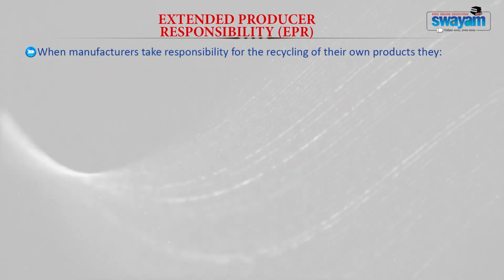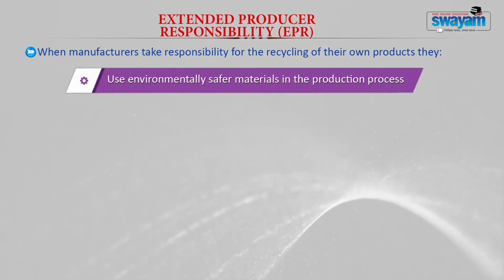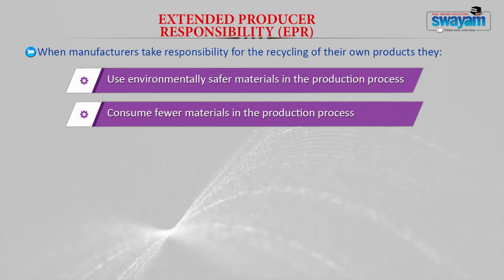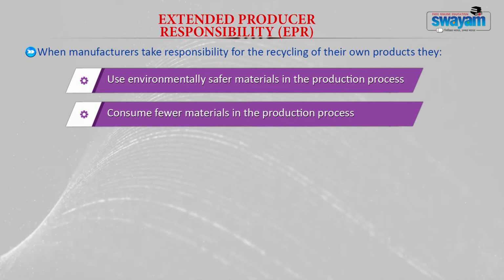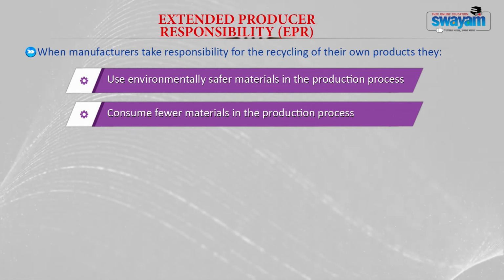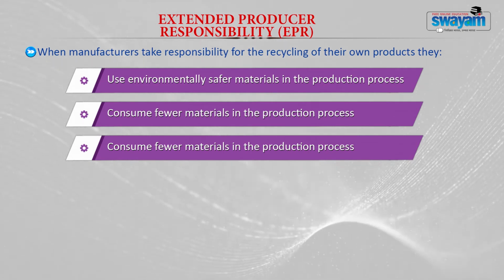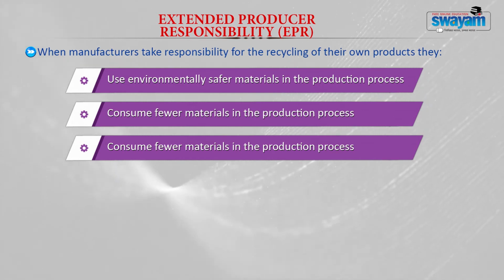Now, when a manufacturer takes the responsibility for the recycling of their own products, they should use environmentally safer materials in the production process. Also, they should consume fewer materials in the production process. This will reduce the use of new virgin resources. Then they also should design the product in such a way that it lasts longer and is more useful on a longer scale.